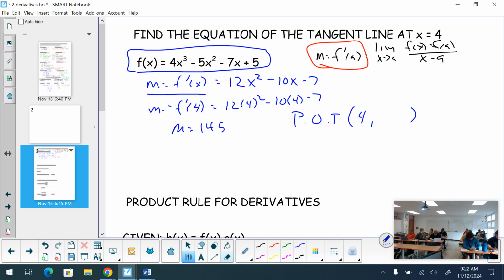Our y value is what, Galen? 153. 153. And then we can find our equation, 145 times x minus 4 is equal to y minus 153.